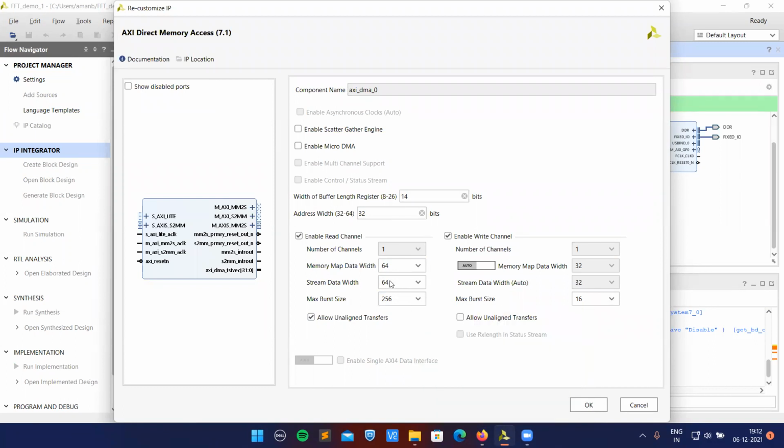So a single data item is actually not 32-bit. It's a combination of two 32 bits, which is 64-bit. Then we have to do the same for the enable write channel, and the memory map data width is going to be 64 only, and this is also 256. This seems to be correct.